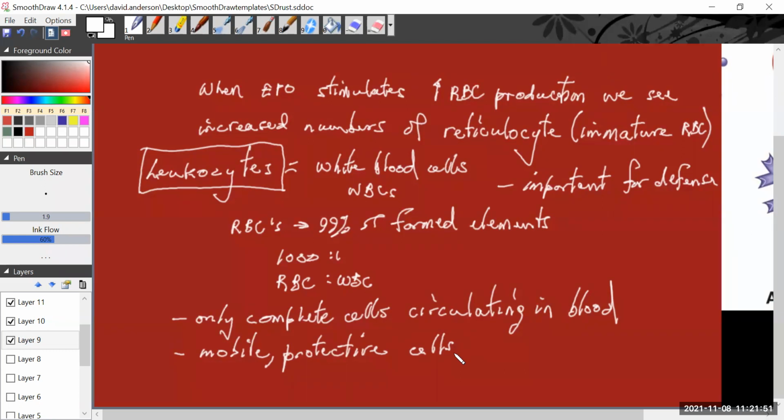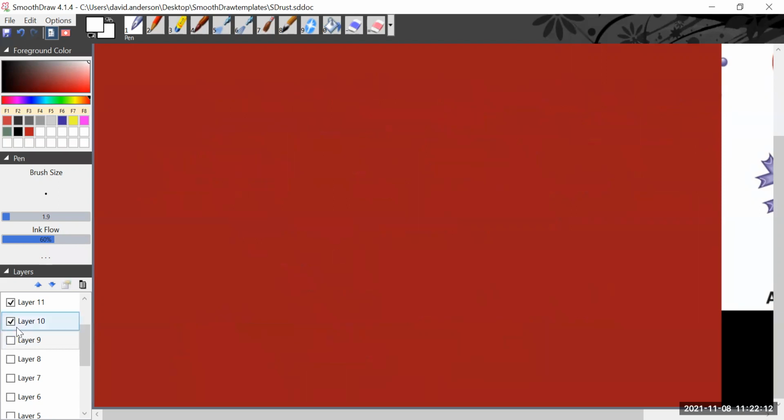White blood cells can double in number within a few hours. So if there's the presence of a virus or an injury to the tissue, white blood cell numbers are going to increase dramatically. There are chemicals that will be released by the damaged tissues that will signal an increase in mitosis of these cells.